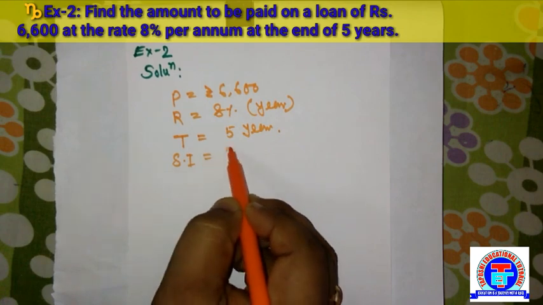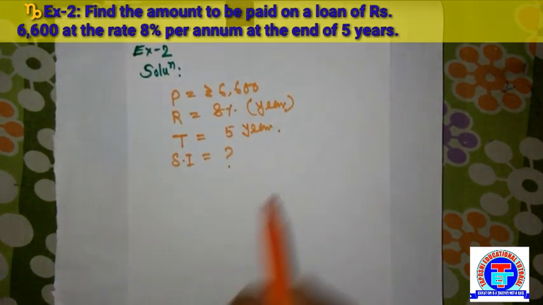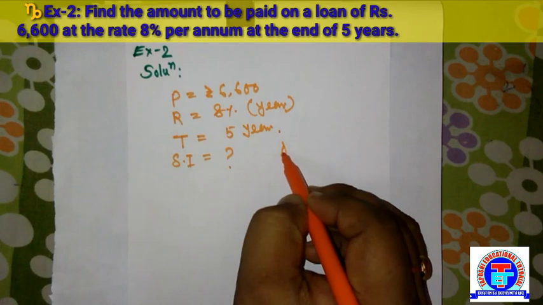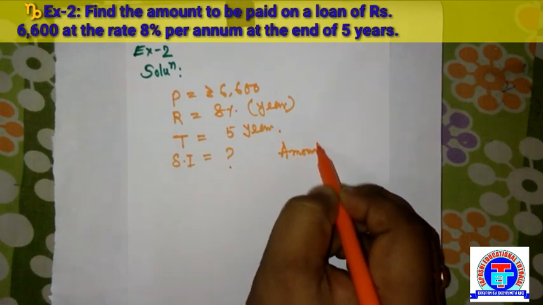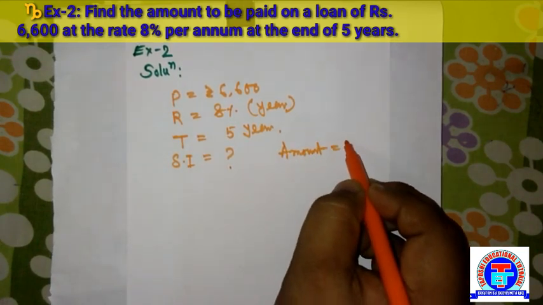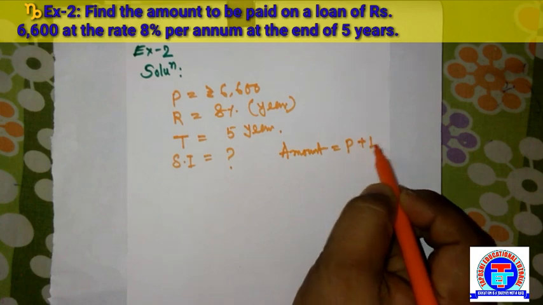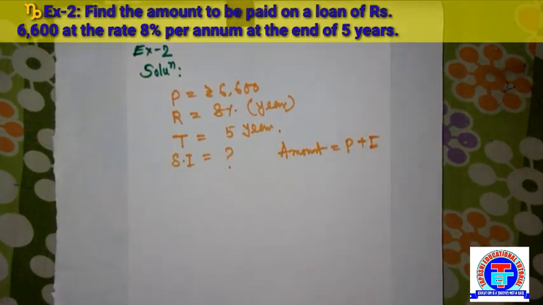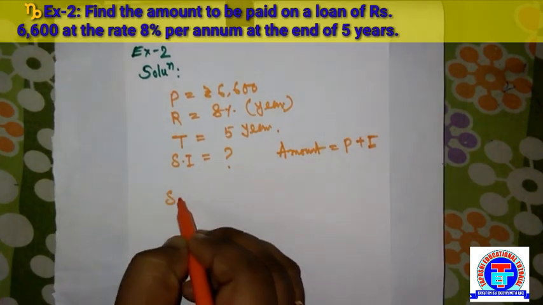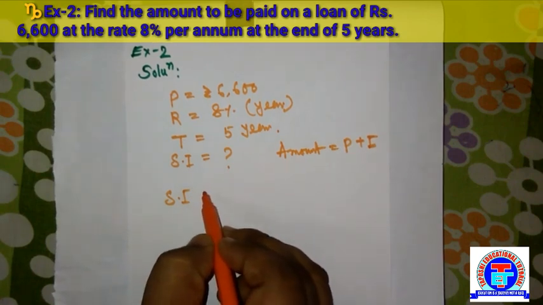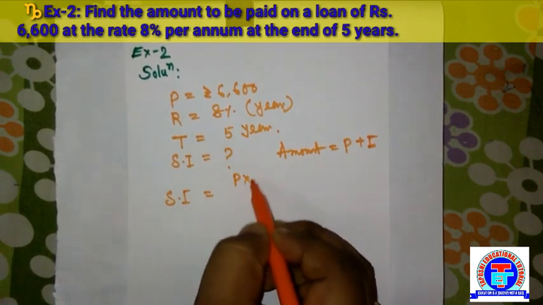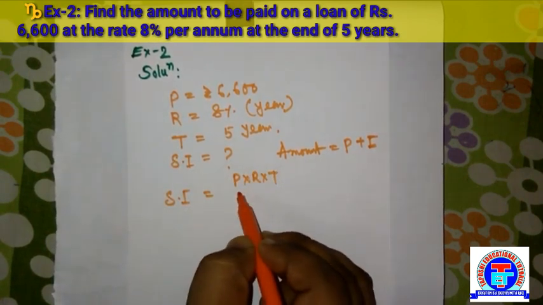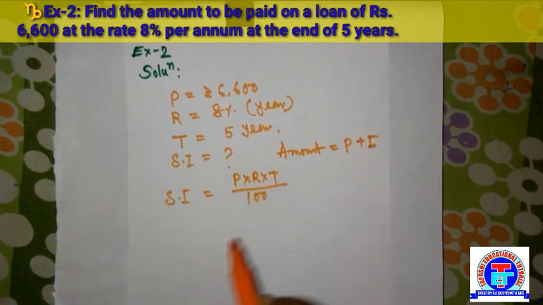Now as you know, the amount is equal to principal plus interest. So we first find out the simple interest, which is equal to P into R into T divided by 100.